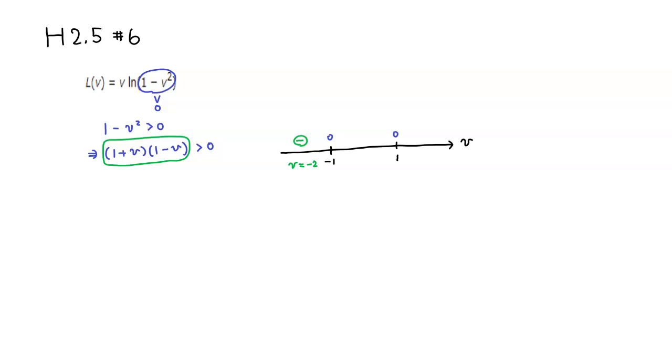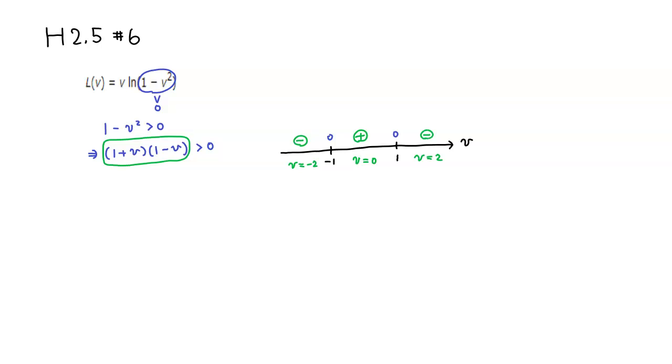How about between -1 and 1? We can try V equals 0. If you plug in 0, 1 times 1 is 1, which is positive. And we can try any sample number bigger than 1, so I'll try 2. 1 plus 2 is positive, 1 minus 2 is negative, and positive times negative is negative.